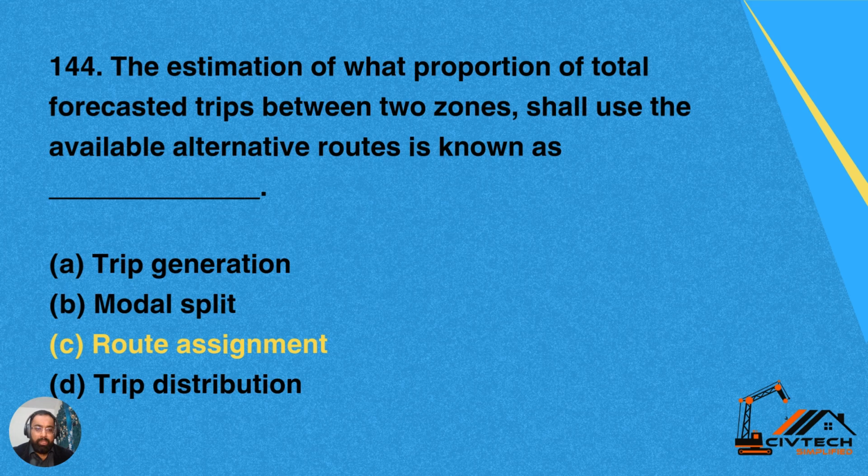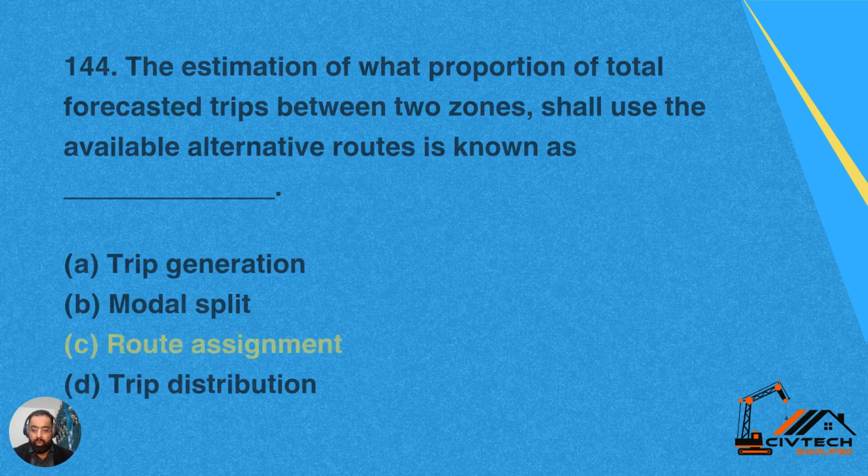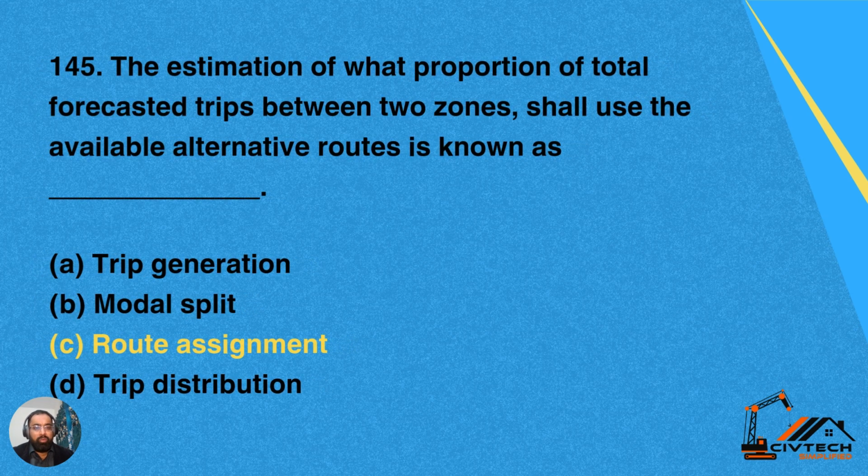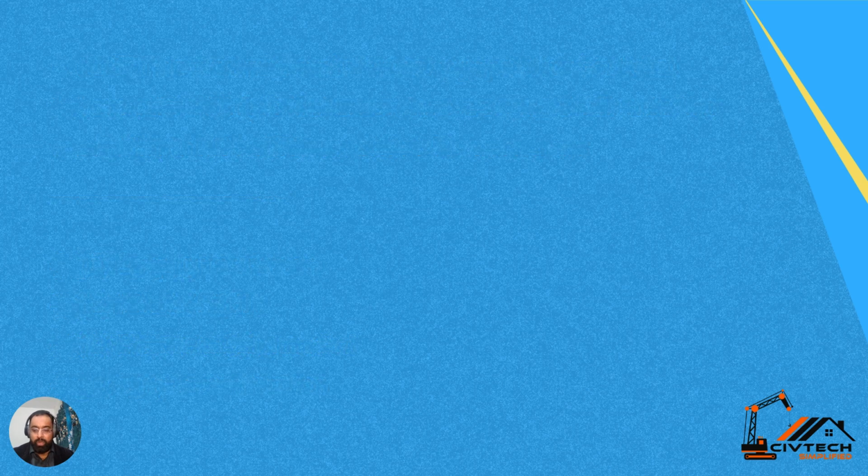So, route assignment is the correct answer. This is known as route assignment. 145. The estimation of what proportion of total forecasted trips between two zones shall use available alternative routes. It's route assignment.